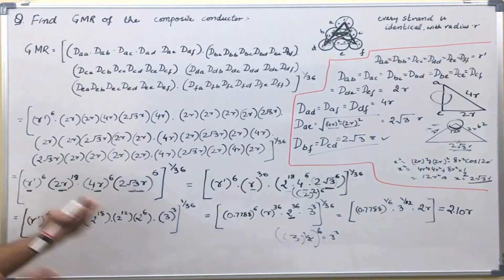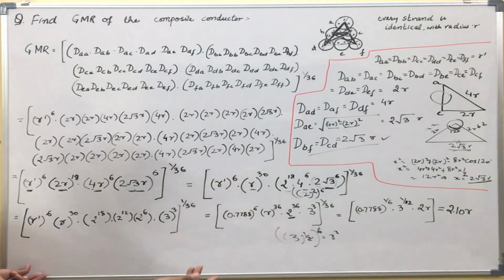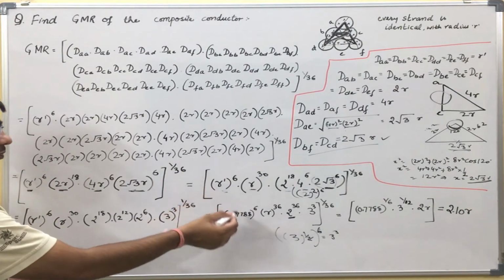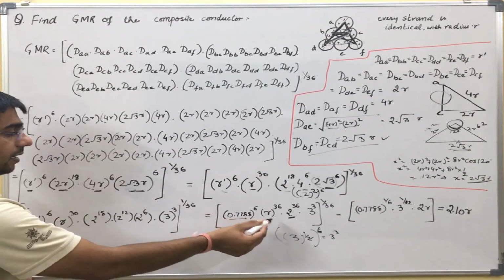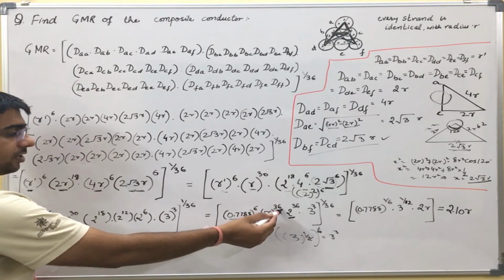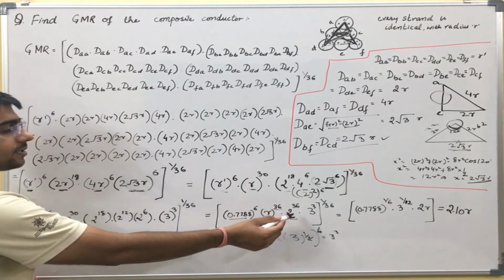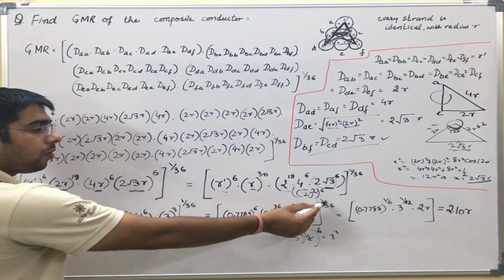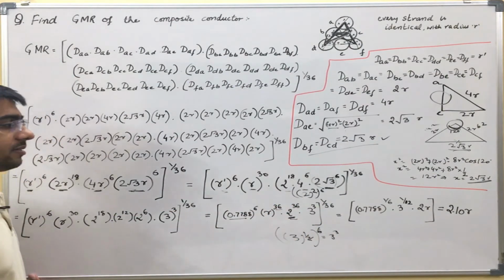So the final term, after putting the value of r dash as 0.7788 r, will be r raised to power 36, 2 raised to power 36, 3 raised to power 3, and the whole having a power of 1 by 36.